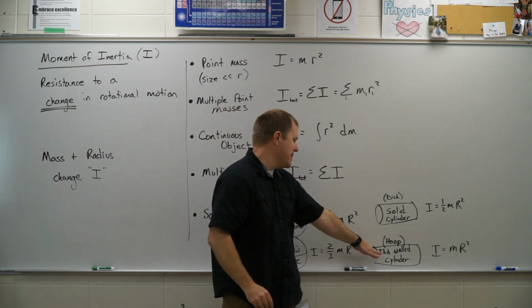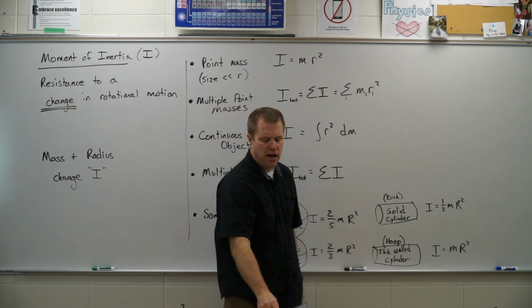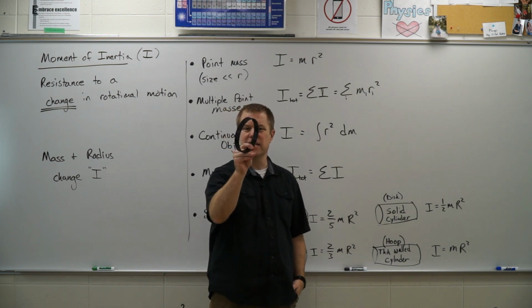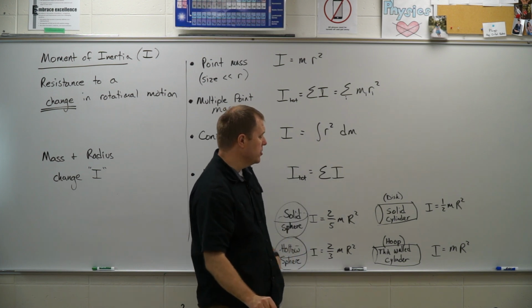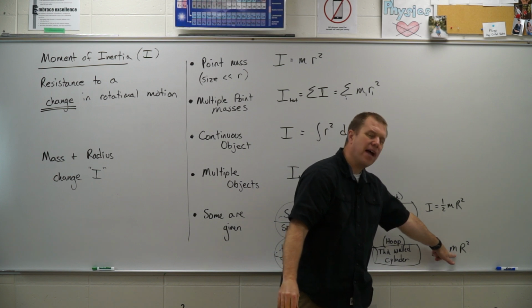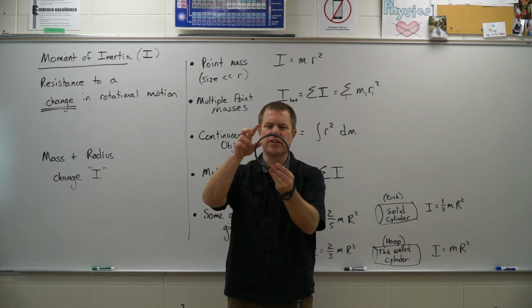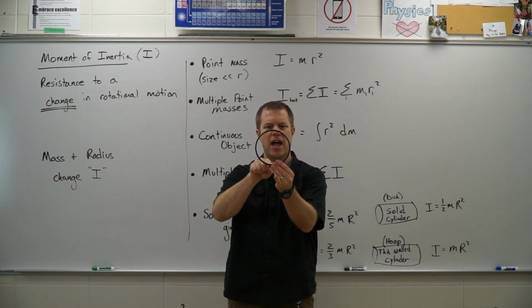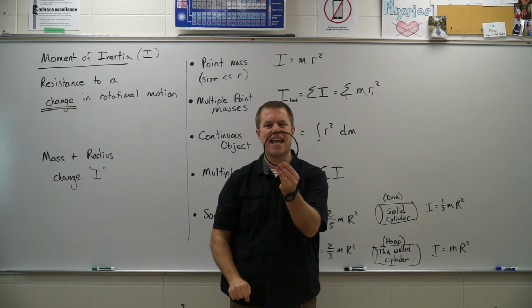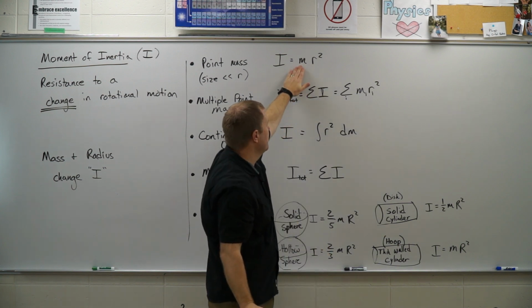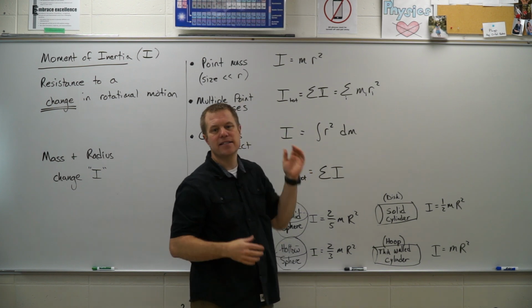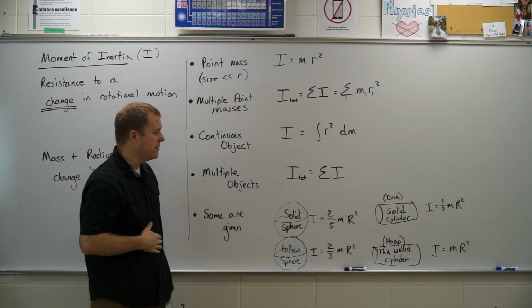Or if we have a thin-walled hollow cylinder, that would be something that looks like this, or a hoop. You'll notice that the hoop is just mr squared, and that's because it's essentially a point mass that's stretched out along that same radius. Since all of the mass is at the same radius, I can consider it a point mass. Kind of a cool thing there.